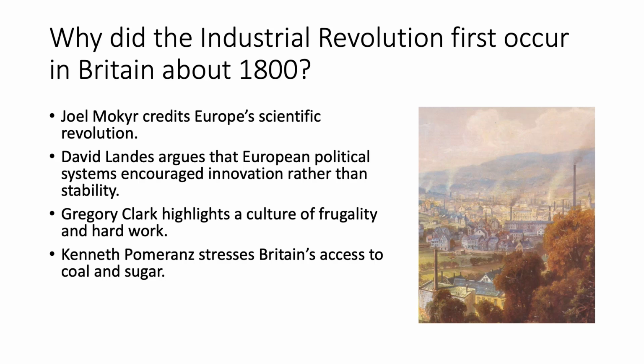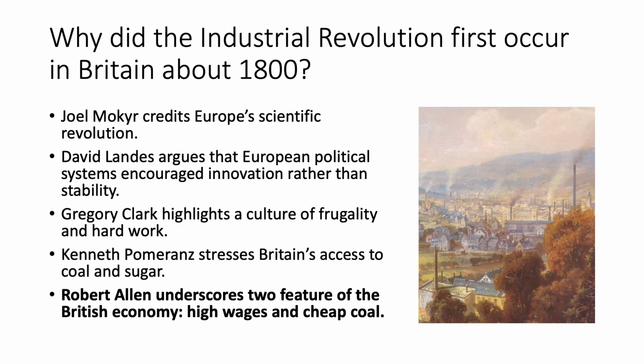So Britain's access to coal and sugar gave them a relative advantage compared to other countries in terms of being the first ones to experience the revolution. And Robert Allen is an economic historian who focuses on two simple concepts of high wages and cheap coal. And we will look at this model a little more formally later in this lecture.